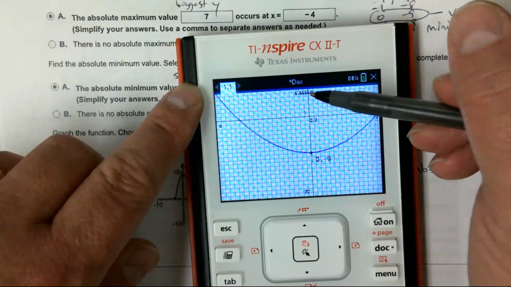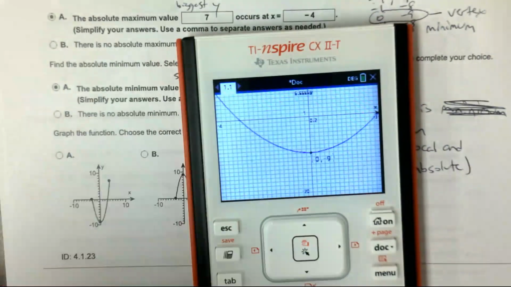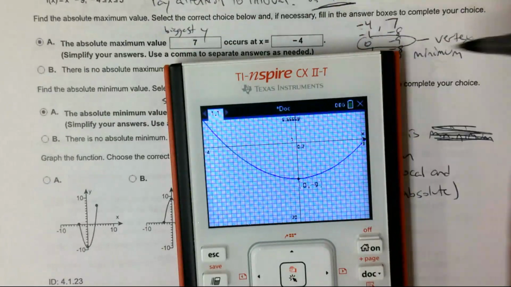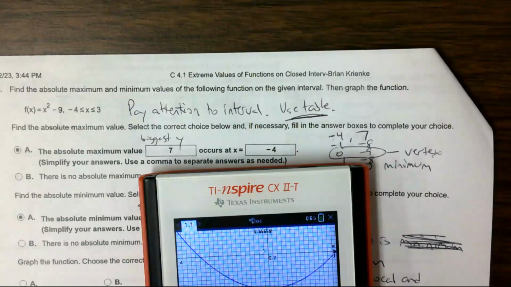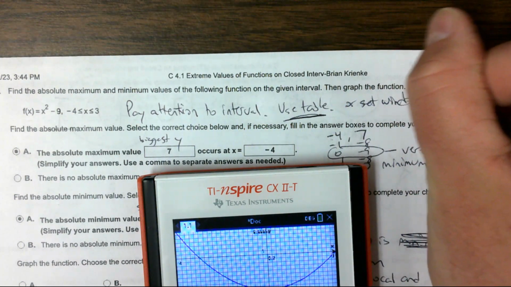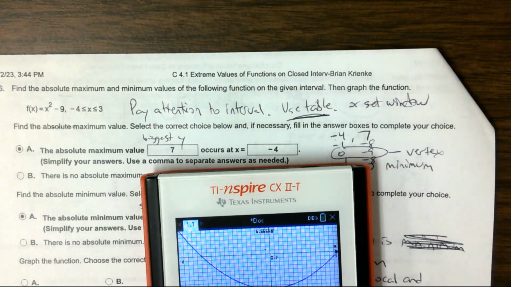Well, if that's 6 2/3, then that's 7. So that's the only way you could look at it that way on the graph. I prefer using the table. I mean, that's my preferential method. Otherwise, set your window, but I don't like that as much. I mean, do whatever you want though.